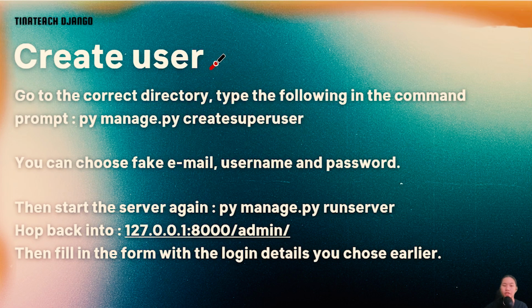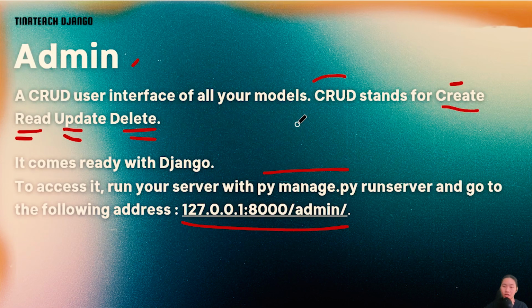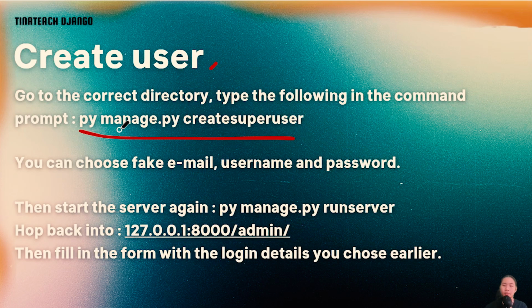Now, with creating a user, if you go to the correct directory and type in the following command, it should be the same directory that you need for python manage.py runserver. And it's python manage.py createsuperuser. Now, you can think of this as the administrator login.